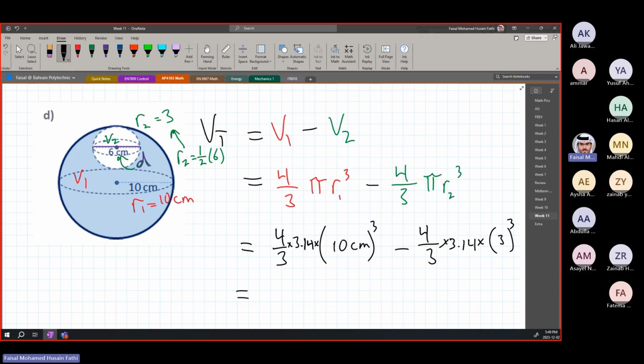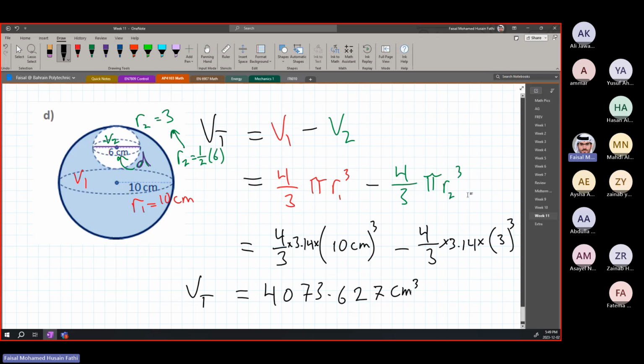Put this all in the calculator, you found your V total. 4/3 times 3.14 times 10 cubed, minus 4/3 times 3.14 times 3 cubed. I get 4073.627 centimeters cubed to 1 decimal place.